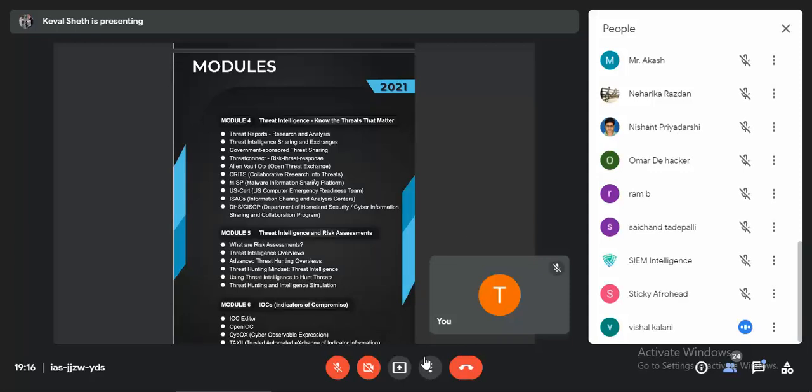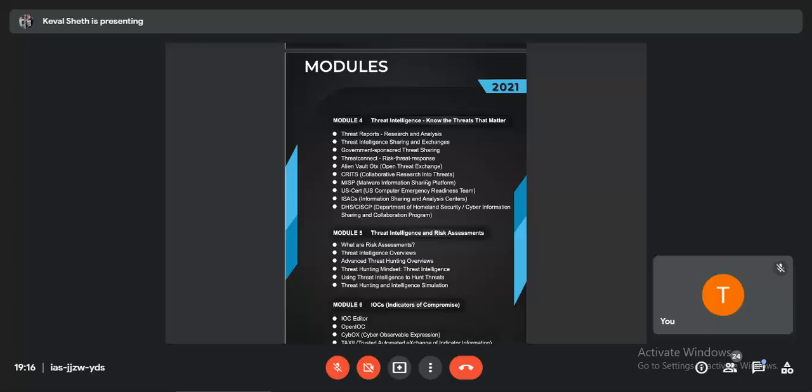If we are doing some kind of network hunting, or some kind of threat intelligence, I will be sharing similar kinds of artifacts with you as a part of assignments, and you have to complete those assignments in your environment. Later we will be reviewing, and in case there are any queries or doubts, we will resolve them during our sessions, and after that we will go forward to our next topic.